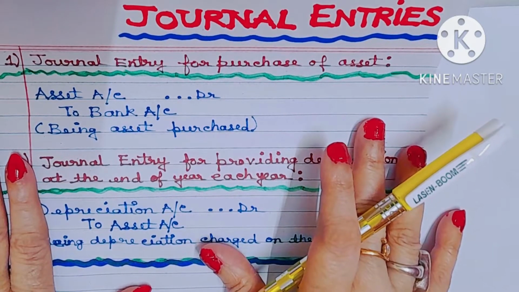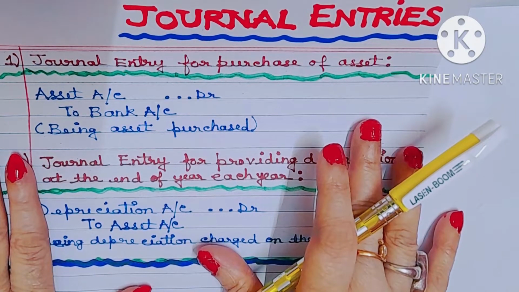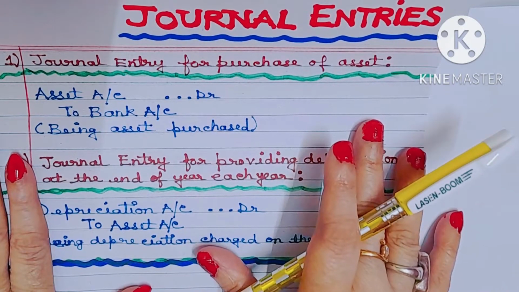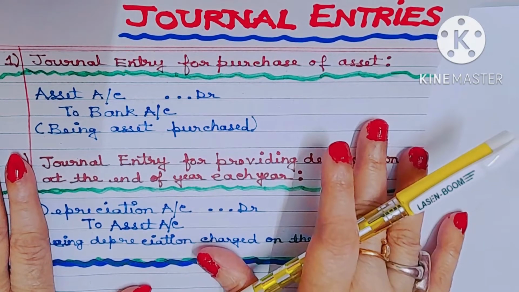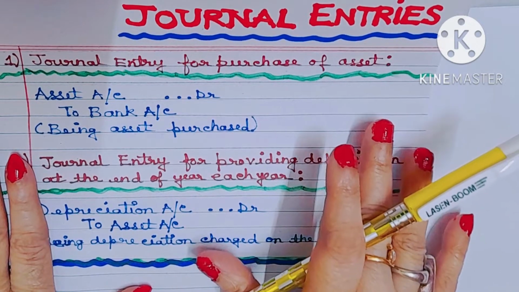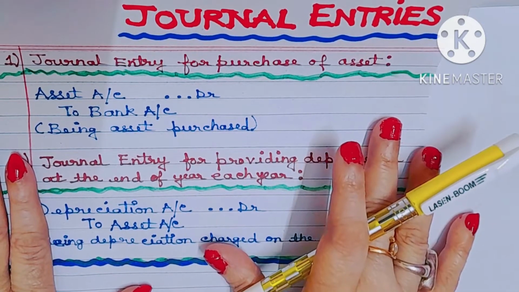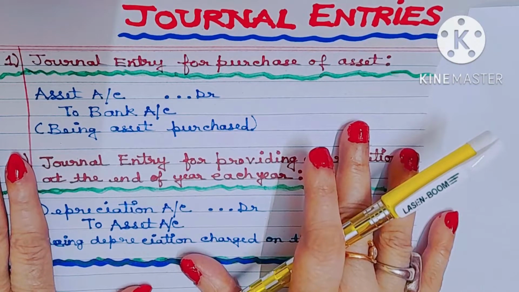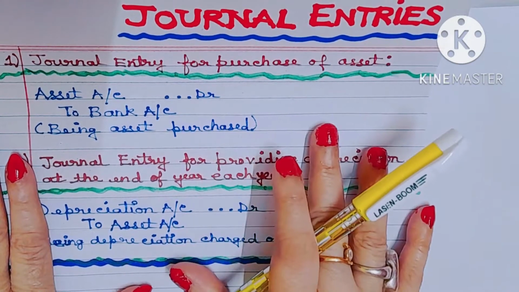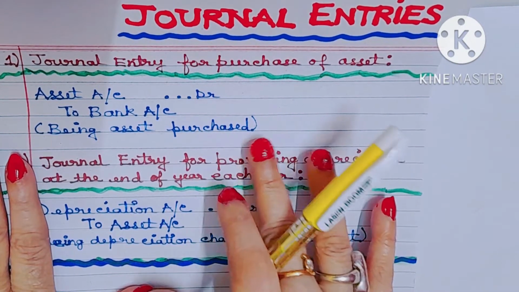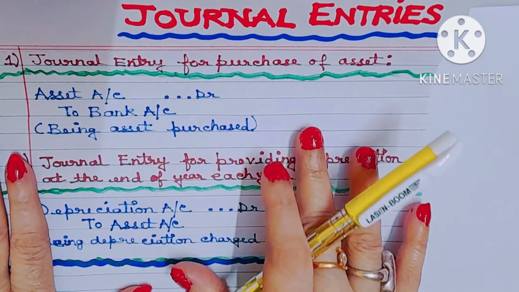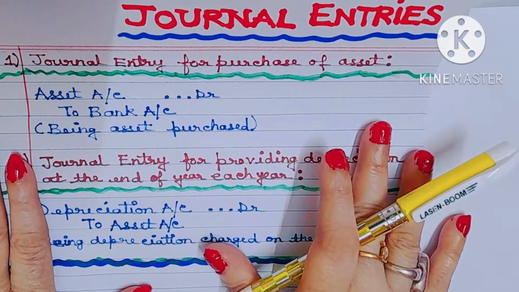That is the reason normally businessmen prefer to buy assets through check so that they could be shown in the books and depreciation claimed. And that is the reason assets are not purchased in cash, but assets are purchased through check in the business. Understood?